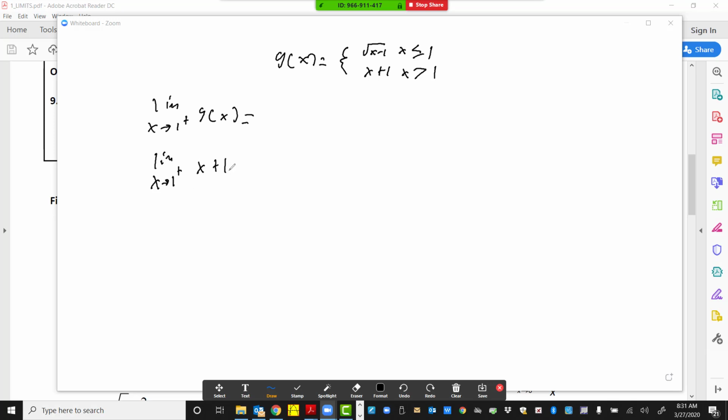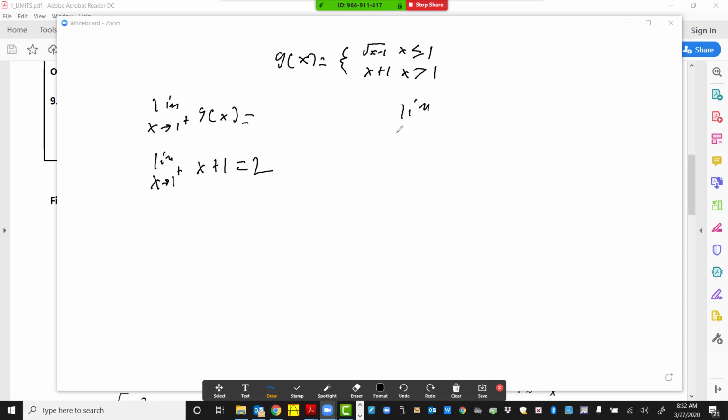Now, if this is a discontinuous function, then the x approaching from the right is important. But this isn't discontinuous. This is a completely fine function that is continuous at every point. So we just got to see what this function is whenever we plug in 1. Well, when we plug in 1, that equals 2.